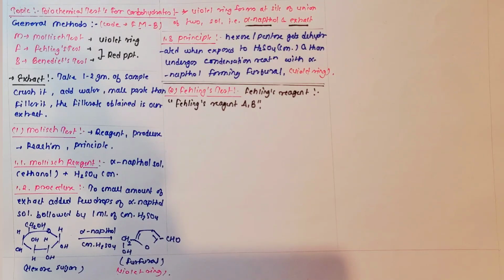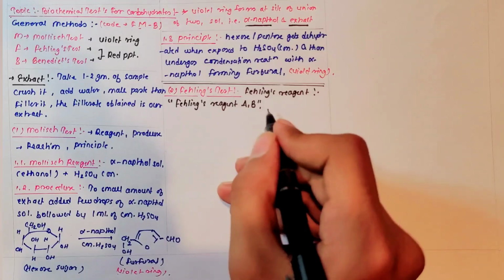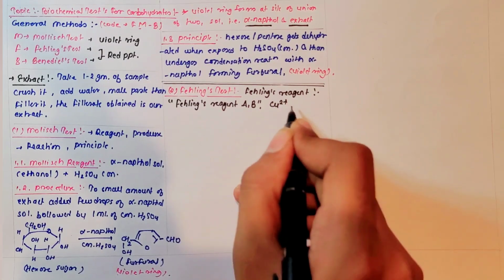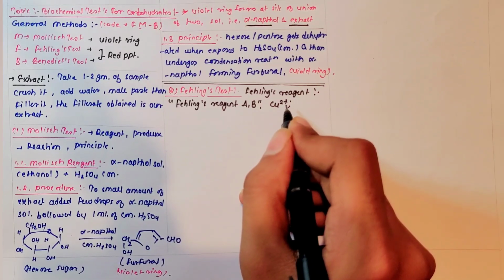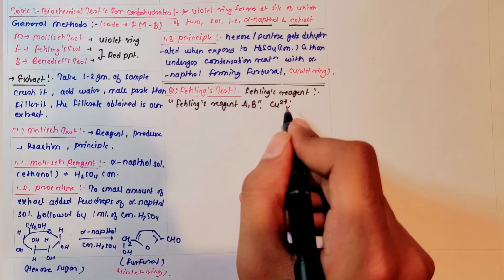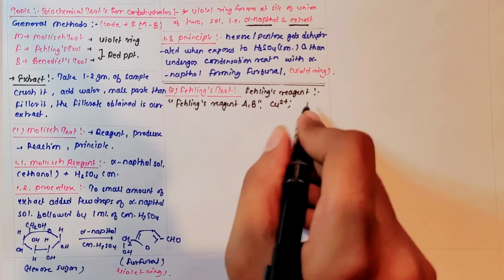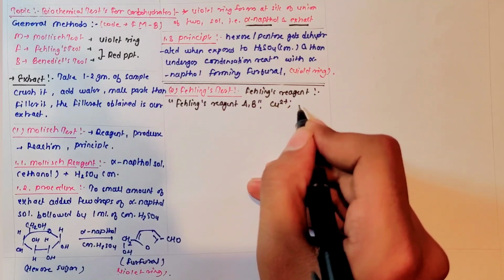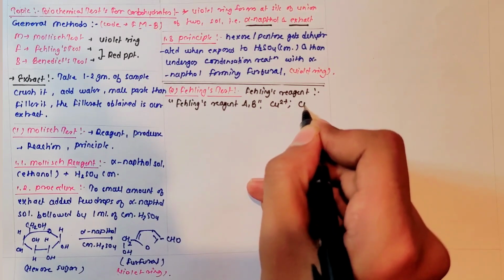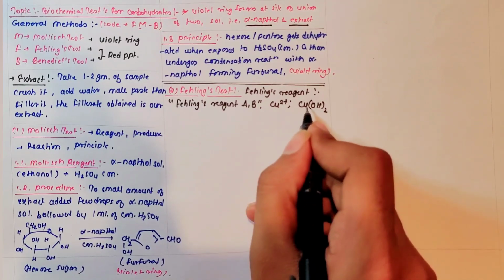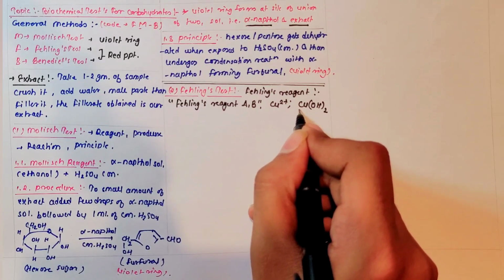The copper present in Fehling's reagent is in Cu2+ oxidation state, and it's actually a complex. Fehling's reagent is a very complex. So for Cu2+, we can take an example of this oxidation state like Cu(OH)2. So this is also in Cu2+ oxidation state.